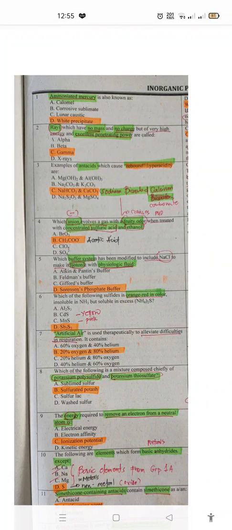So the mechanism of action of your sodium bicarbonate is to neutralize all the stomach acids and impart a slightly alkaline reaction to the gastric fluids.